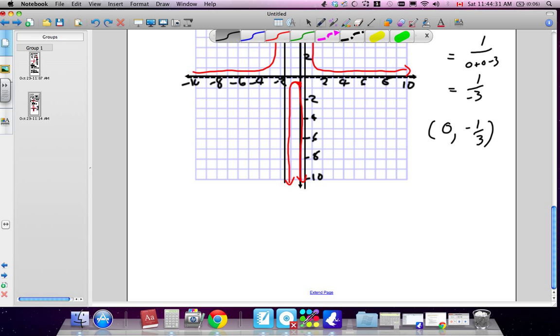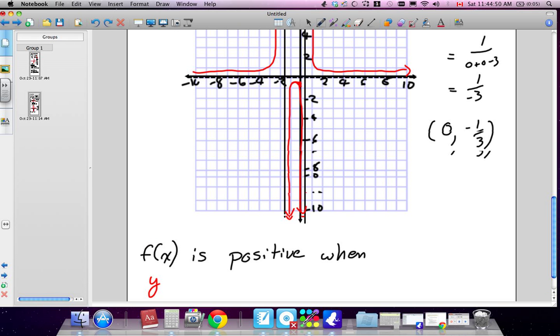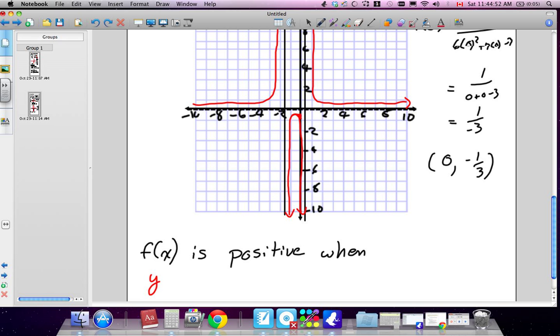Do you want to do positive and negative or increasing, decreasing first? Positive, negative. Okay. So f at x, which is essentially y, is positive when, and now we are only talking about x because we're telling you when y, or f at x, is positive.